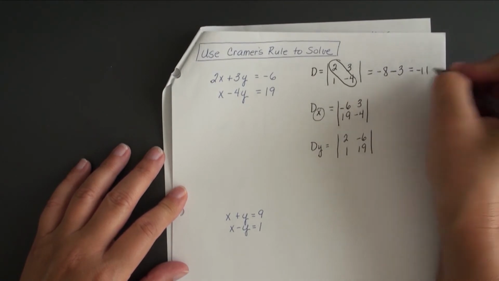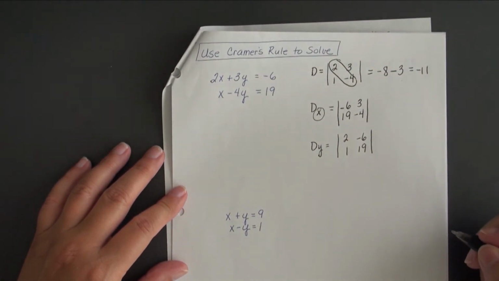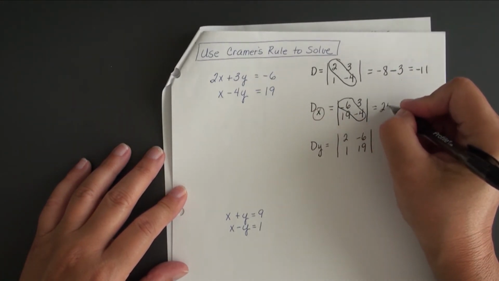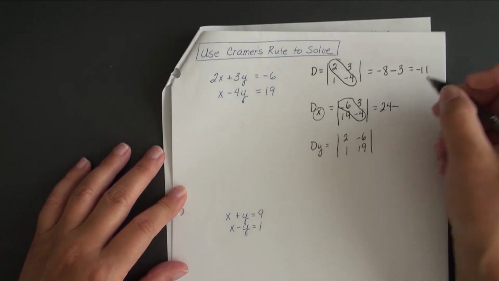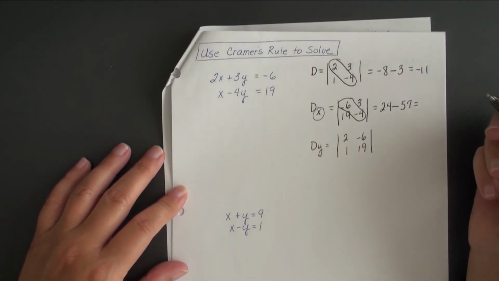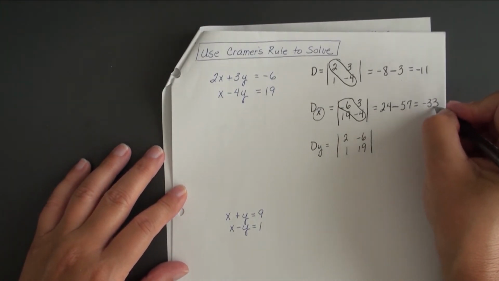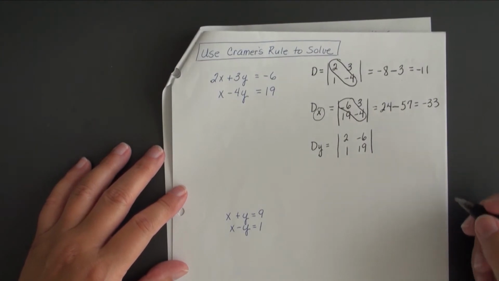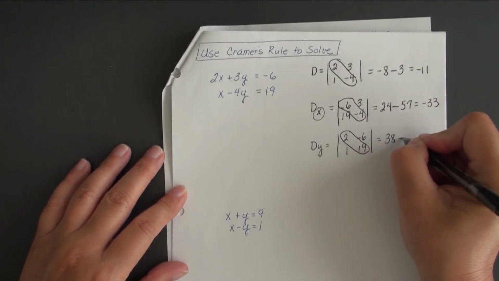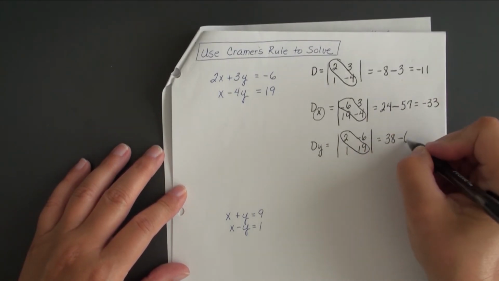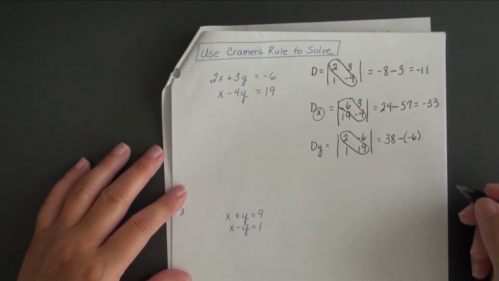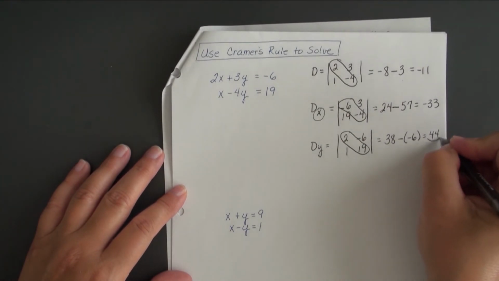That gives me a -11. -6 times -4 is 24, minus 19 times 3 is 57. If we subtract those, we get a -33. 2 times 19 is 38, minus 1 times -6 is -6. And 38 minus -6 is 44.